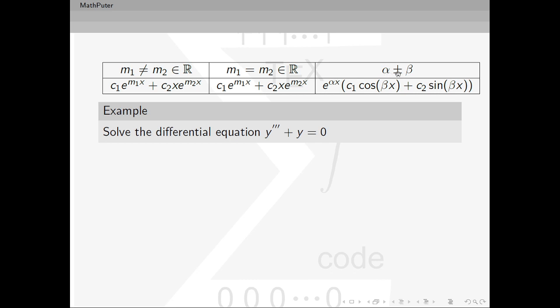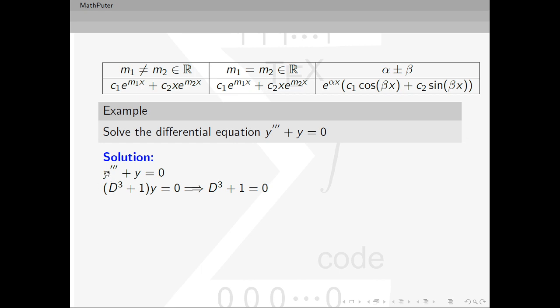When roots are complex, this is alpha plus or minus i beta, then it is e raised to alpha x, this, and c1 and c2 are real numbers. Okay, so now let us solve this example: y triple dash, the third derivative of y, plus y equal to 0.